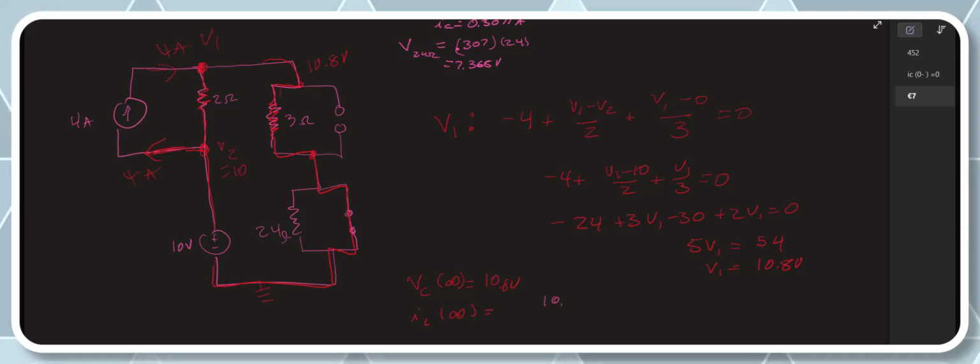So that would be 10.8 divided by 3 equals 3.6 amps. And then IC at infinity will equal 0 because it's an open circuit, and VL at infinity will equal 0 because it's a short circuit.